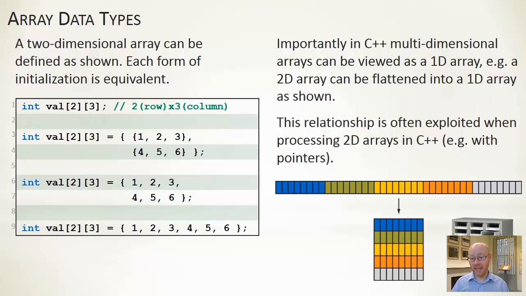Any particular location within that one-dimensional array, we can map onto a corresponding array location. And likewise, if I have a set of indices, I can map that onto a particular location in my one-dimensional array. That relationship is quite important. You see an example graphically on the right-hand side of the screen. As mentioned, when we look at pointers, we'll see that they offer us a way of jumping through the array and stepping through it in different ways.